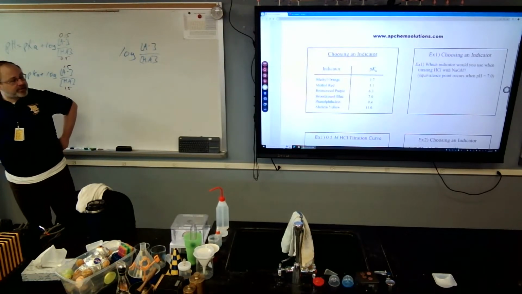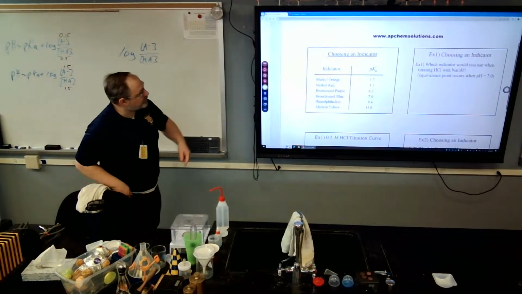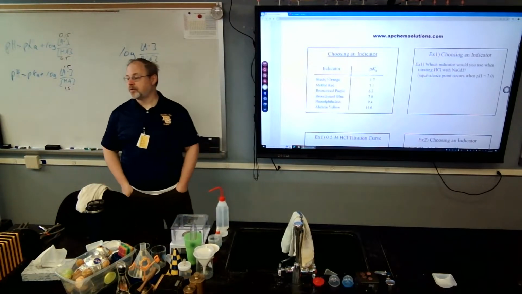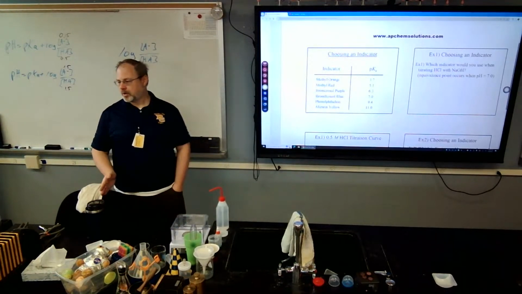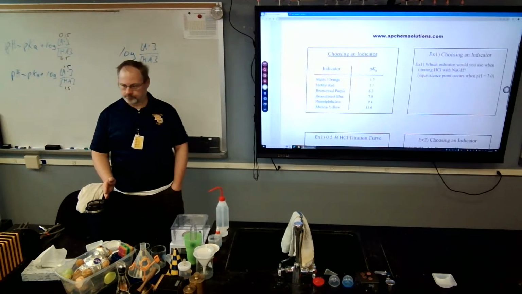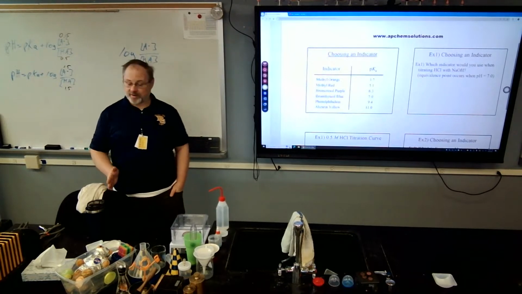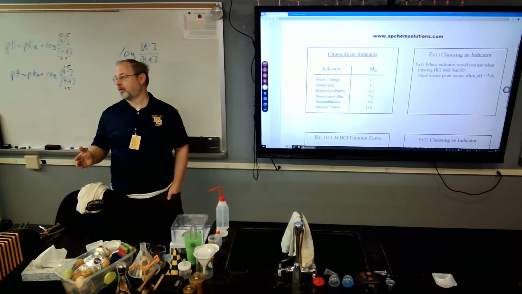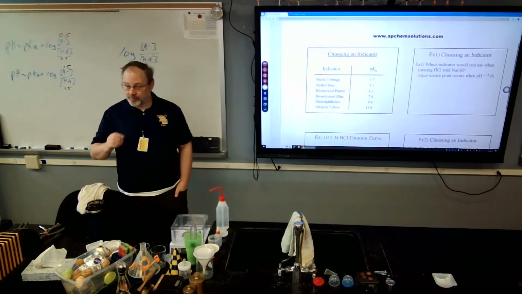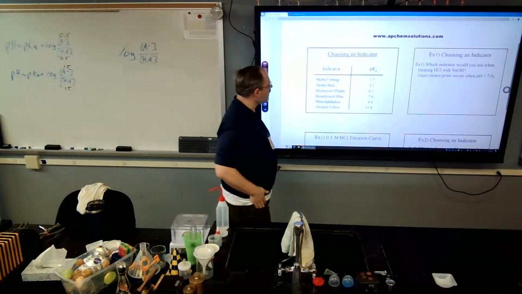Now, in your exercises, they give you a whole bunch like this. In the multiple choice, they usually give you around 4, around 7, around 9. Or around 3, around 7, around 11. So there's not a lot of nuance.